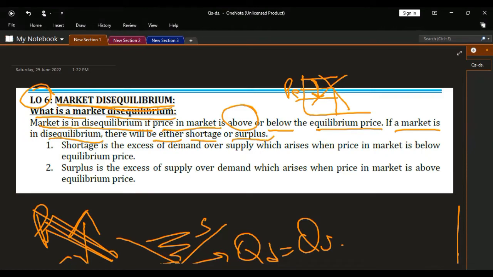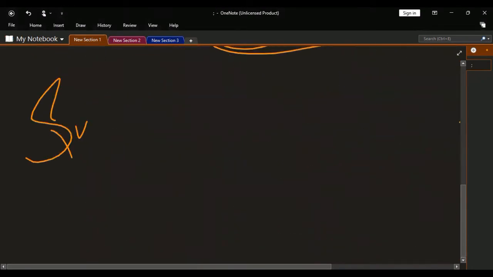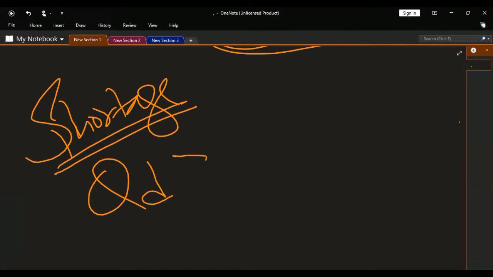What is shortage? Shortage refers to a market condition where quantity demanded is greater than quantity supplied.